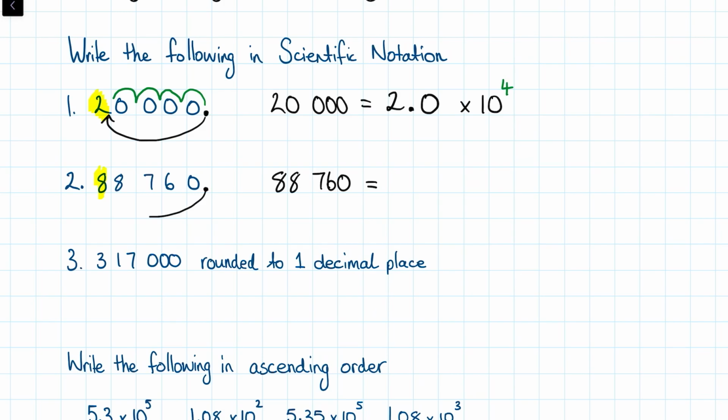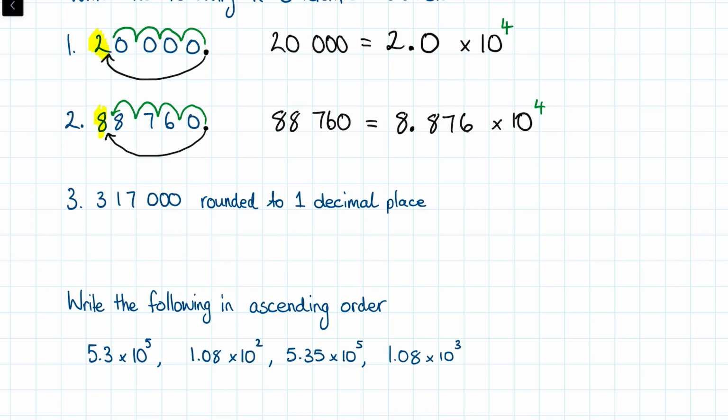We want it to move behind the first non-zero number, so I'm going to write 8.876 times 10. Now its power is going to be 1, 2, 3, 4 again. So that one is going to be 10 to the power of 4. So 8.876 times 10 to the power of 4.